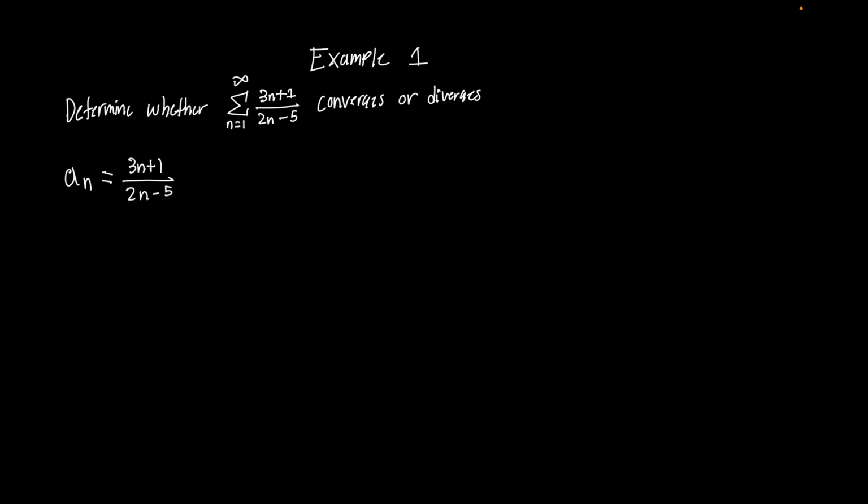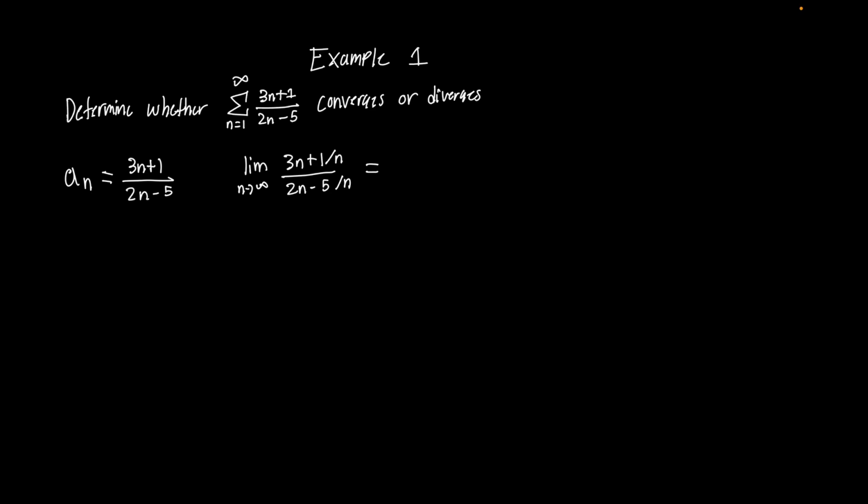Now we need to take the limit of this. So let's take the limit as n approaches infinity of the term. To find the limit, we're going to divide the top and bottom by the highest power of n. Both of them are just n's, so we can divide every single term by n, since that's the highest power.